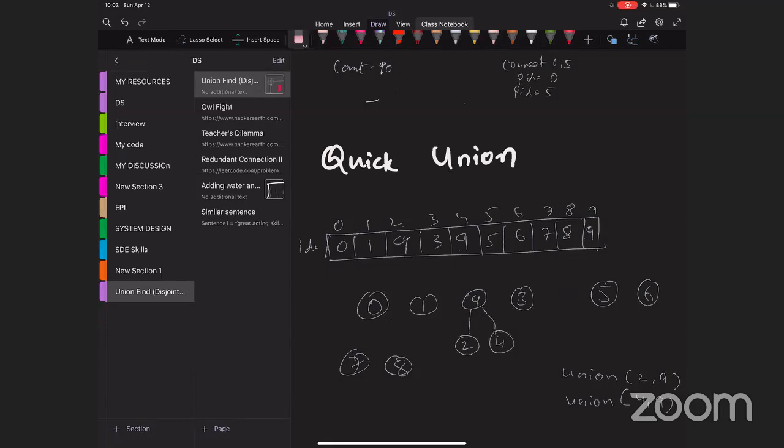Okay. Now I say connect 4 to 3, or 3 to 4. Let's say union 3 and 4. So I'm going to replace whatever ID we have here. Did I do it correctly? Yeah, now instead of going to 4, it's going to go to 9. 9 is going to be the parent.